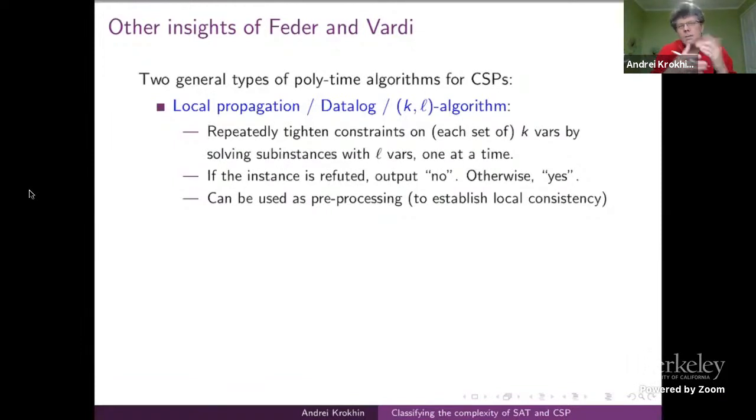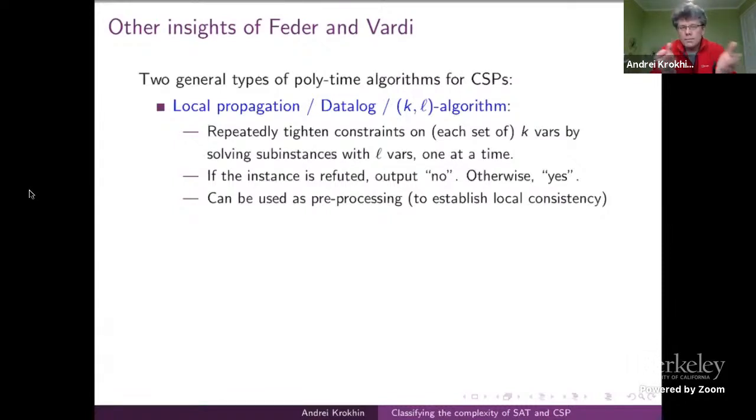This is kind of similar to resolution to some extent, but the point is that we repeatedly tighten the constraints until the situation is stable. And then what can happen in the end is that we can rule out all possible assignments of values to some k-tuple of variables, in which case, of course, the instance is refuted and we output no, and this no is, of course, a correct answer.